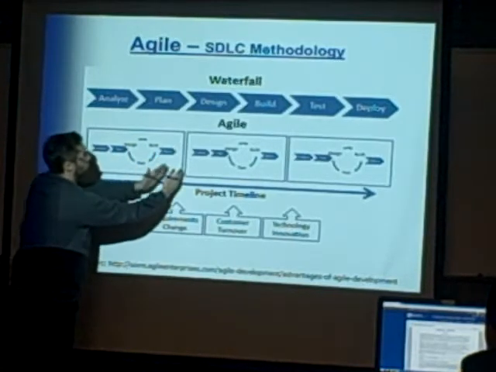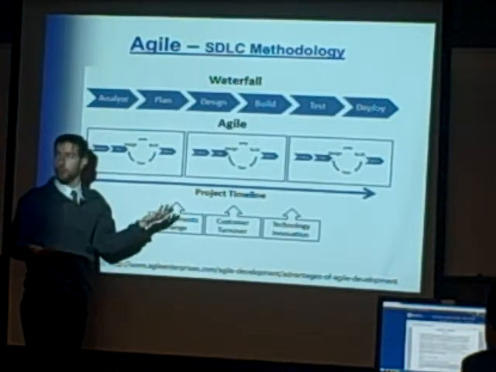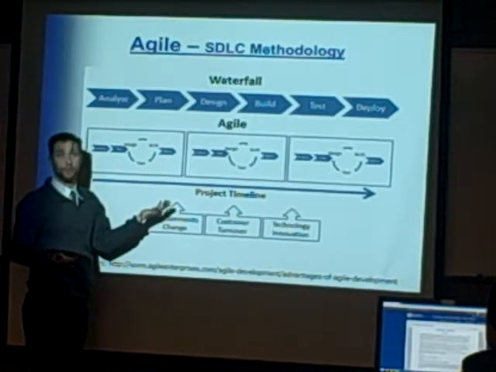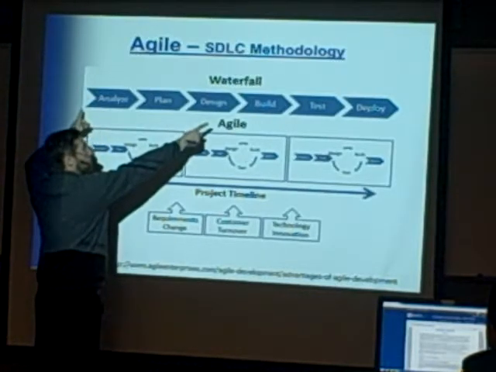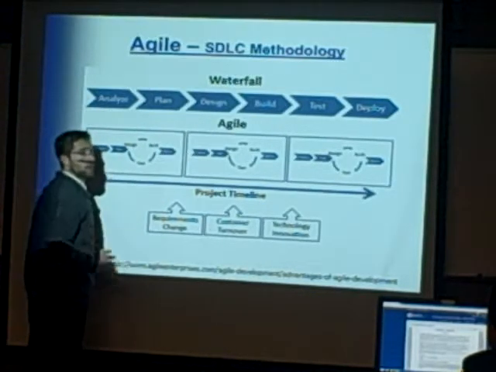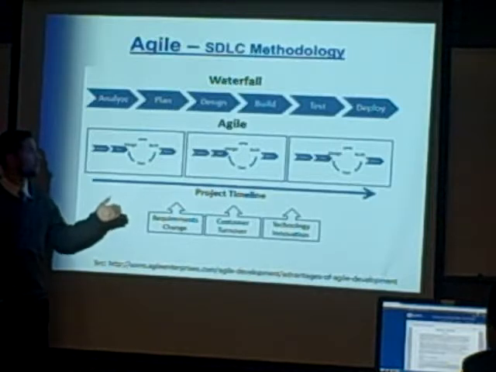So, 1/3 of the way through, you have working software. That's one of the key tenets with Agile, that you have working software on a regular basis. If this is waterfall, you might not have working software until 5 years down the line, 6 months down the line, whatever the length of your project.